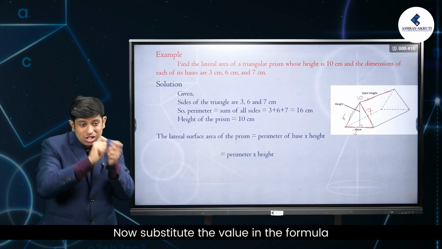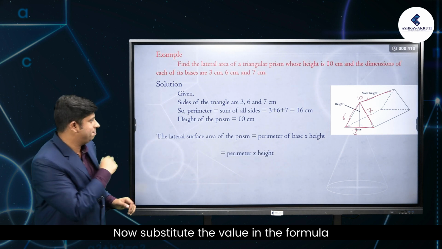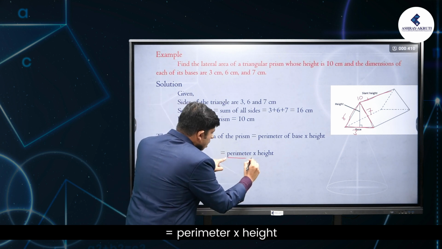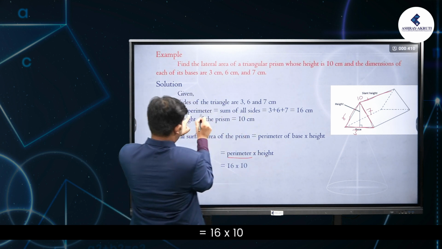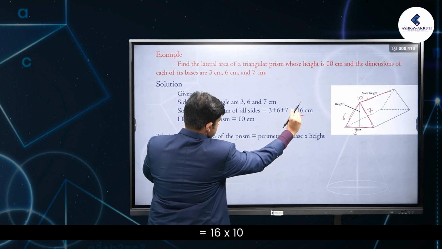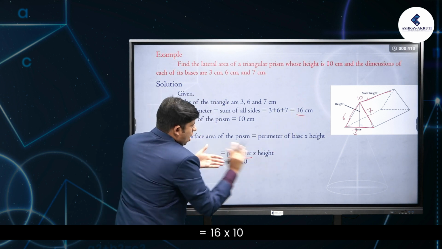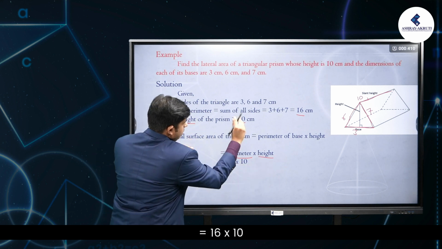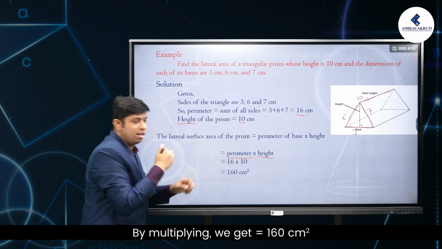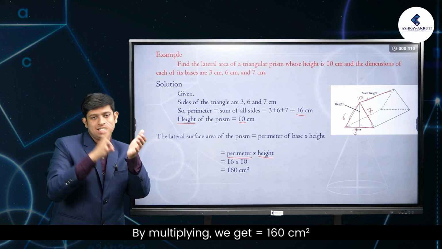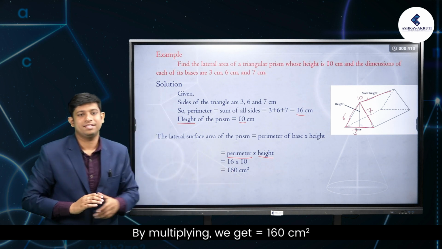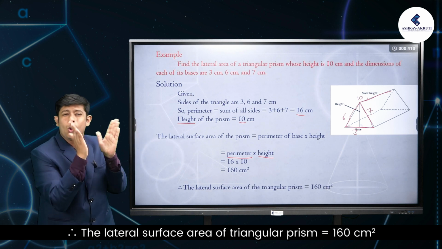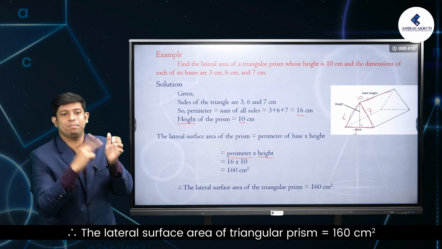Now substitute the values in the formula, that is perimeter into height, that is equal to 16 into 10. By multiplying we get 160 centimeter square. Therefore, the lateral surface area of a triangular prism is equal to 160 centimeter square.